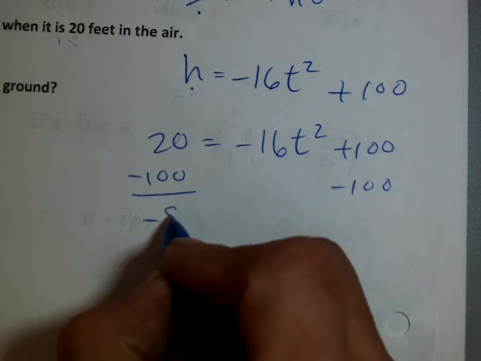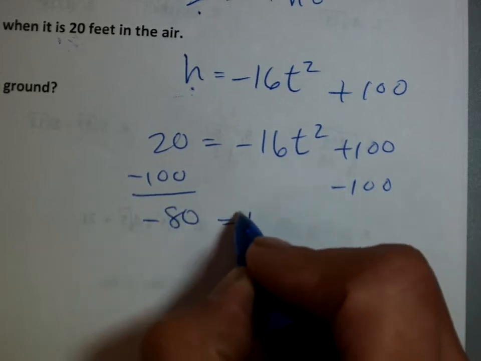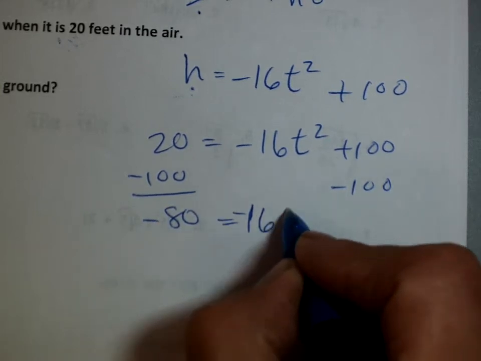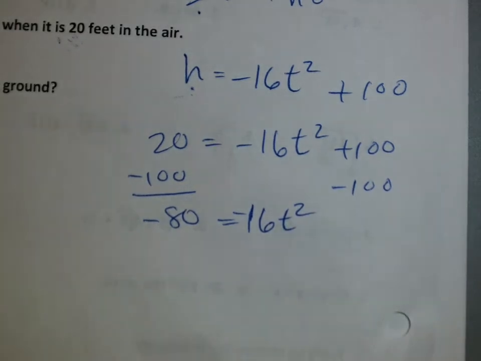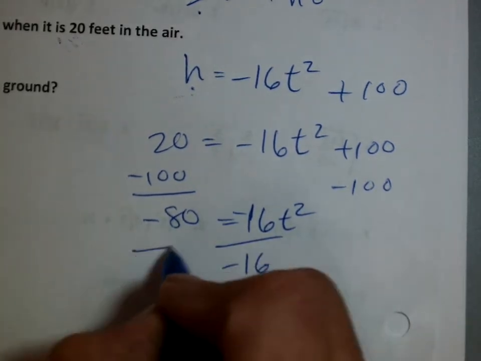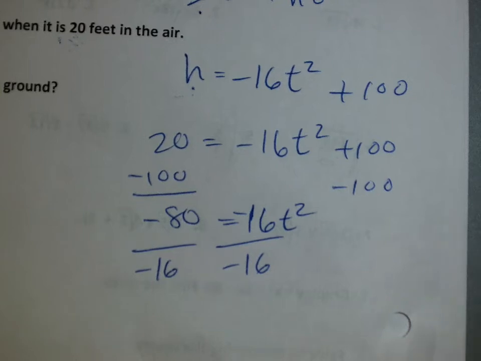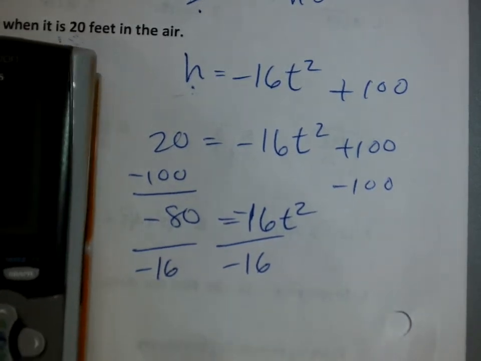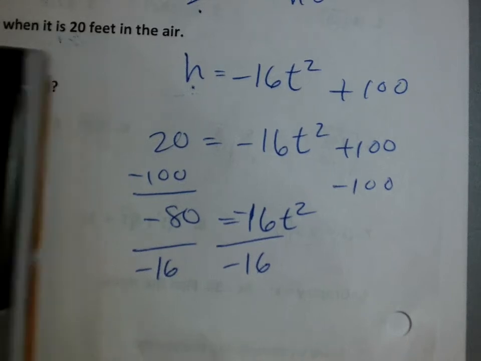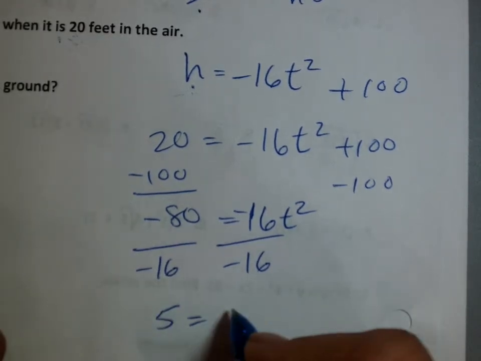I get negative 80 equals negative 16t squared. Divide by negative 16. I'm going to need a calculator, right? I go 80 divided by 16, and I get 5 equals t squared.